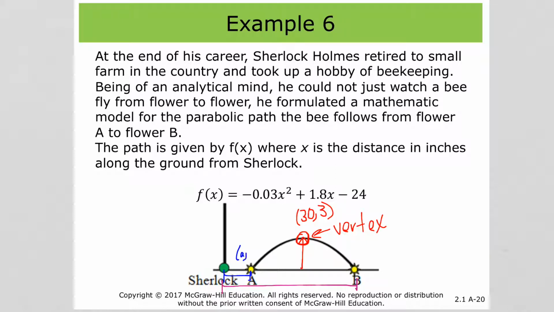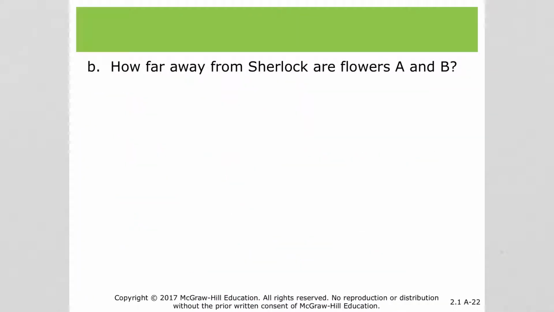So we're finding A,0 and B,0. So in other words, we need to find the x coordinates. Okay, so that means we need to plug in 0 for y, and solve for x.